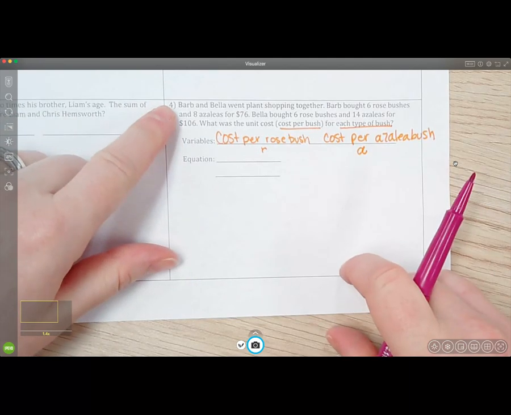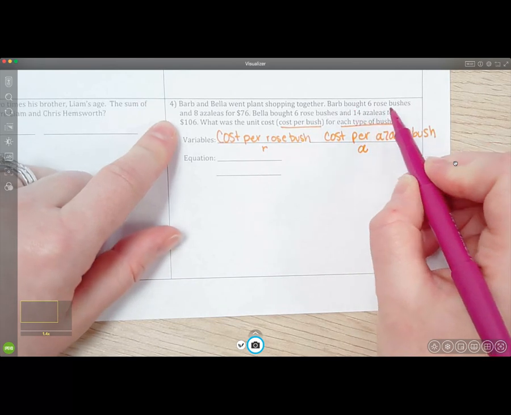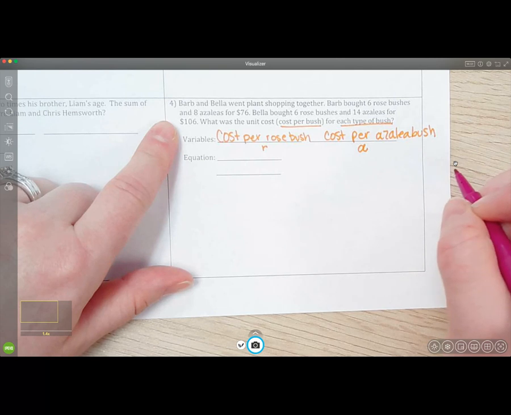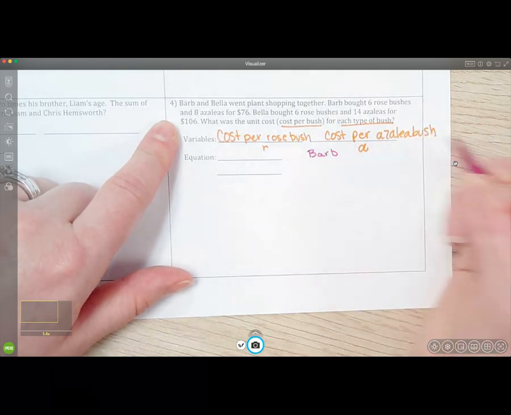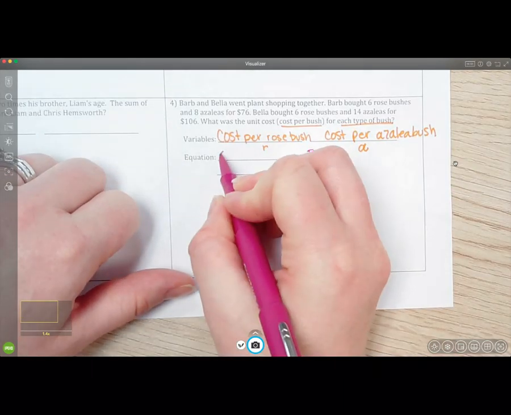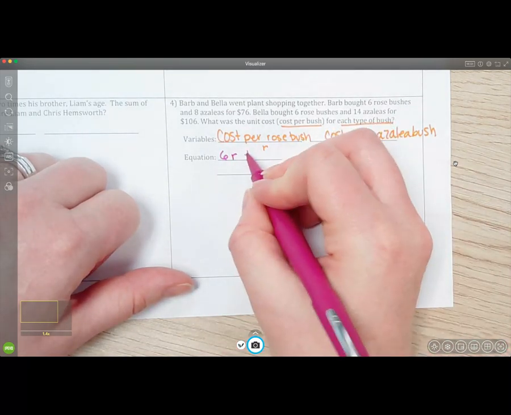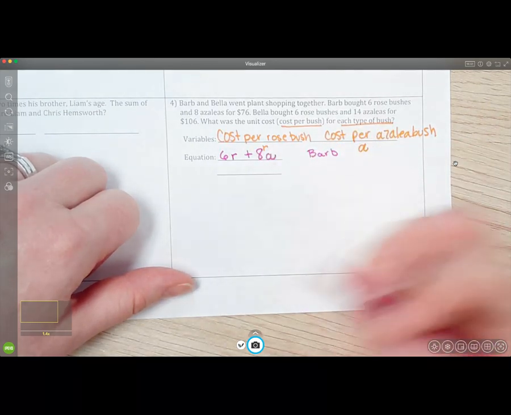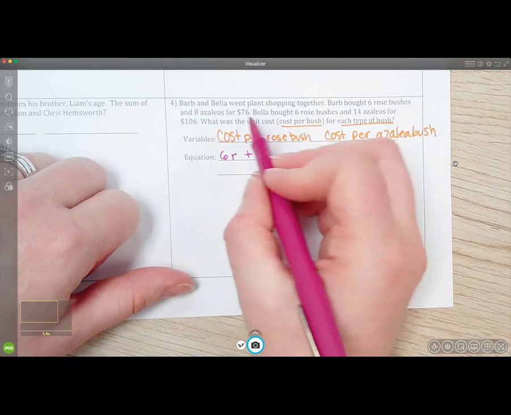So the first sentence doesn't give us any information, just that they went shopping together. Barb bought 6 rose bushes and 8 azaleas for $76. So we can write an equation for how much Barb bought. So I would write 6 times how much the roses cost, plus 8 times how much the azaleas cost, and she spent $76.